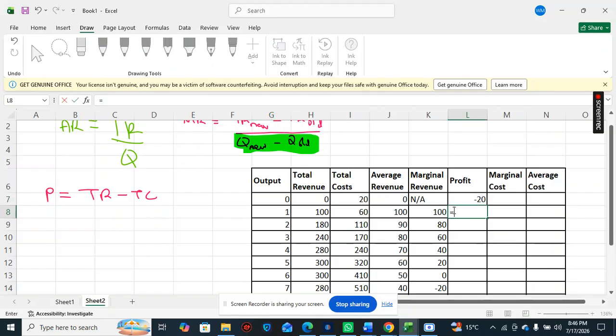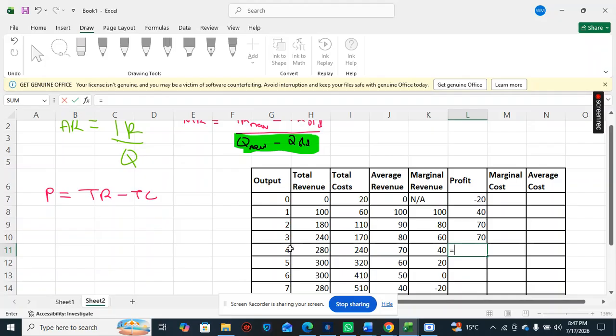When we produce 1 unit, total revenue 100 minus total cost 60, we make a profit of 40 kwacha. When we produce 2 units, total revenue 180, total cost 110, profit 70 kwacha. When we produce 3 units, total revenue 240 minus total cost 170, 70.